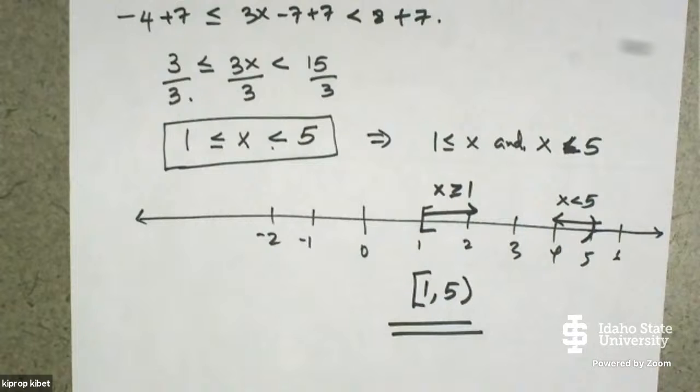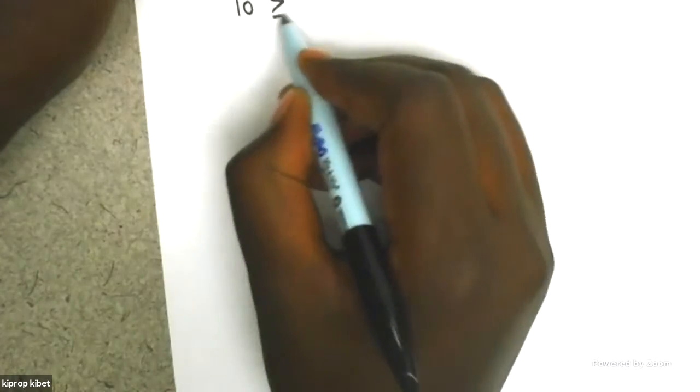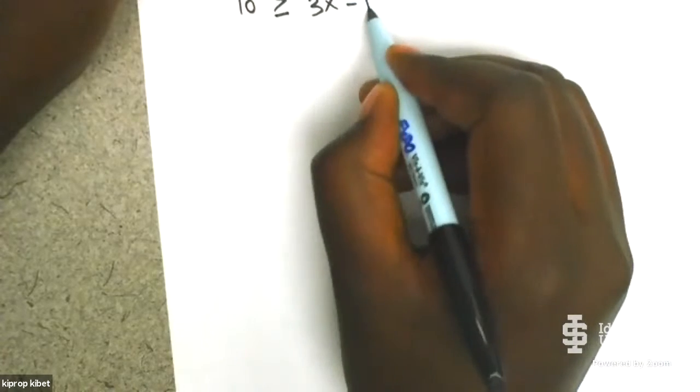Okay, let's try one, which I have here. So let's say we have something like 10 greater than or equal to 3x minus 1 greater than or equal to 0.